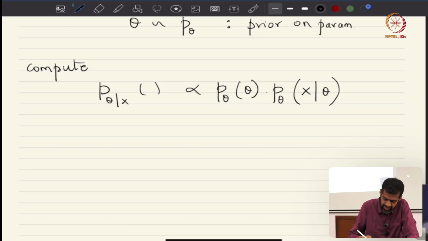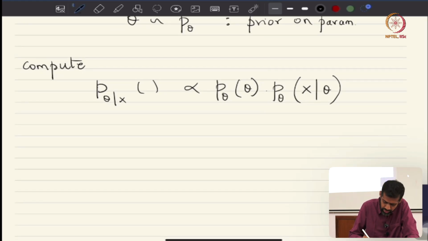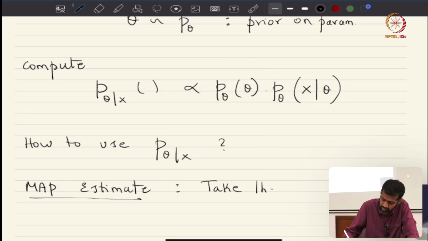Okay, so now let us look at how to do it. So how to use p theta given x. One way to do it is using the MAP estimate, where you take the mode of p theta given x as the estimate.